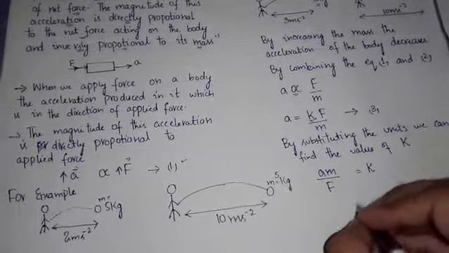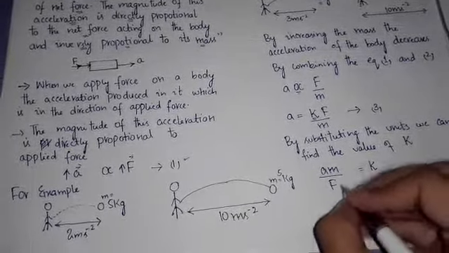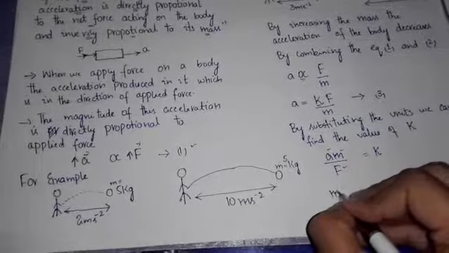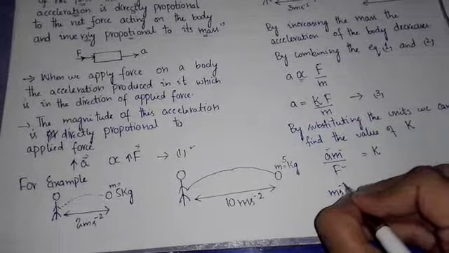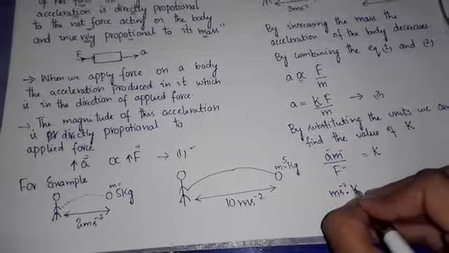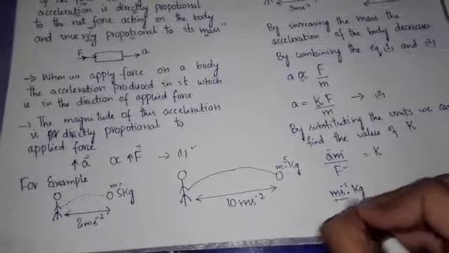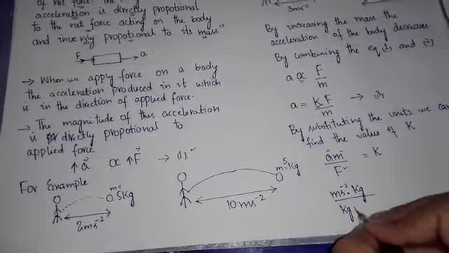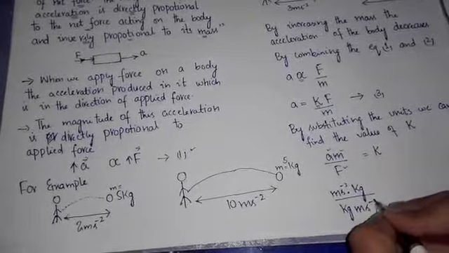Now put the units of all these terms. The unit of acceleration is meter per second square, into m which is kg, and the unit of force is also kg meter per second square.